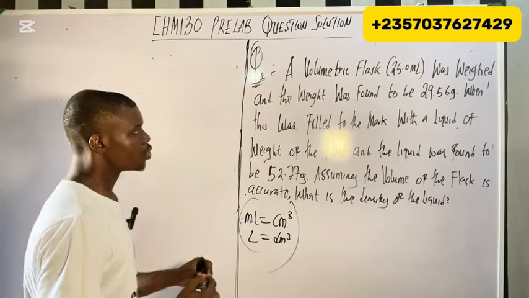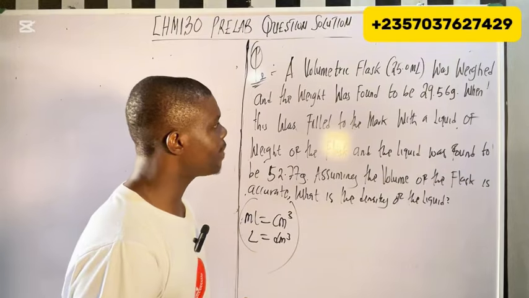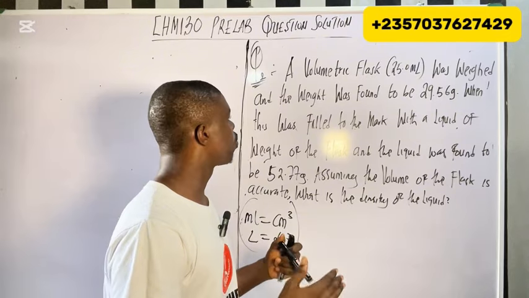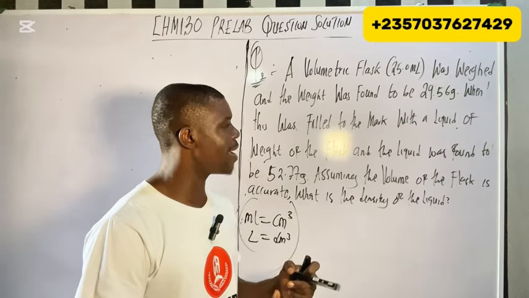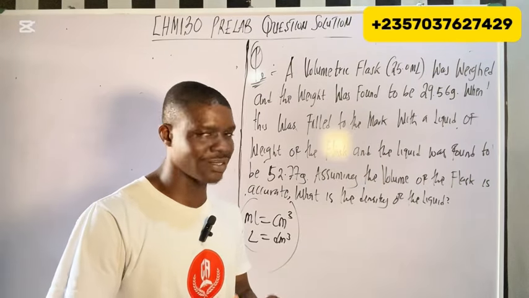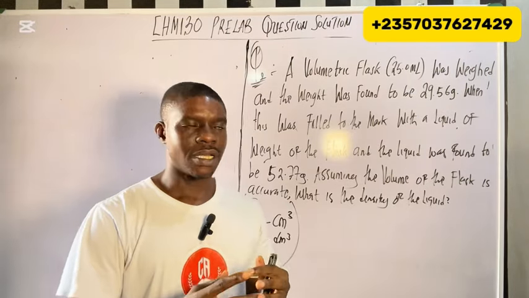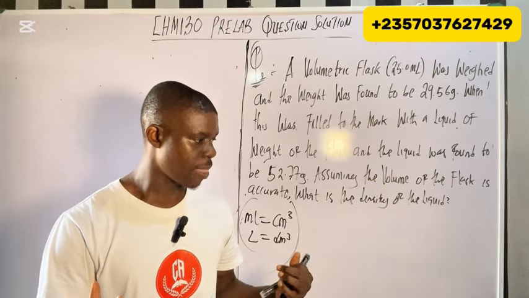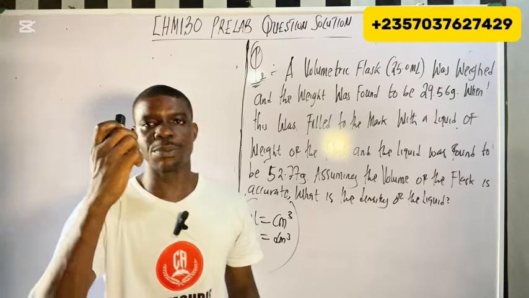A volumetric flask of 25.0 mL was weighed, and the weight was found to be 29.56 gram. So here we have a volumetric flask. I don't have one here, but let's say this is an empty volumetric flask.